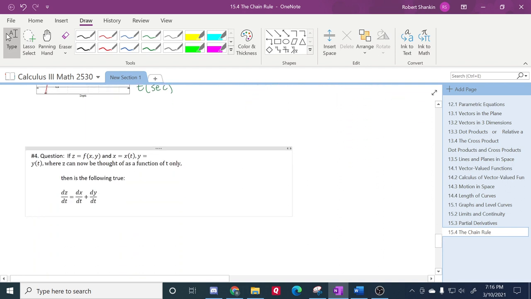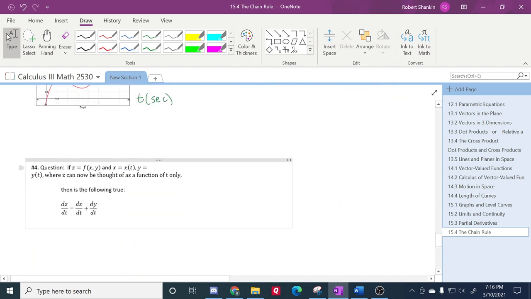So, back to here. Question. If z is this, x and y are in terms of t, z can be thought of as t only, then is the following true? dz dt is dx dt plus dy dt. So, say yes, it's true, or no, it's false into your group chat, and don't hit enter quite yet.